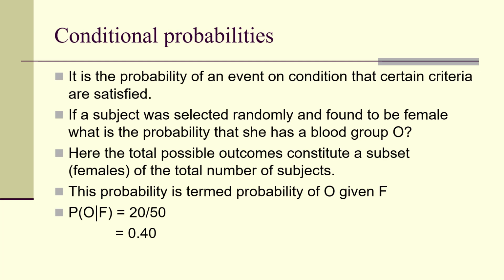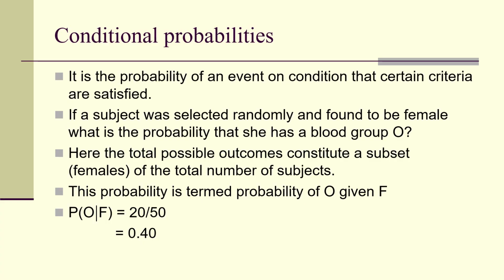A conditional probability is the probability of an event on the condition that certain criteria are satisfied. Think about this question. If a subject is selected randomly and found to be female, what is the probability that she has blood type O?